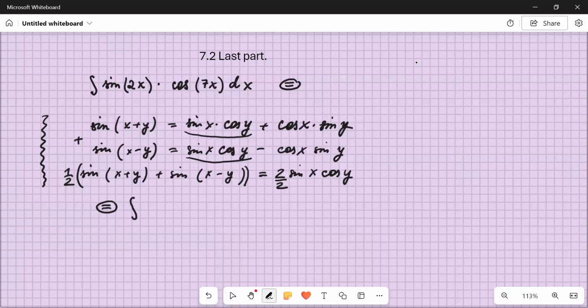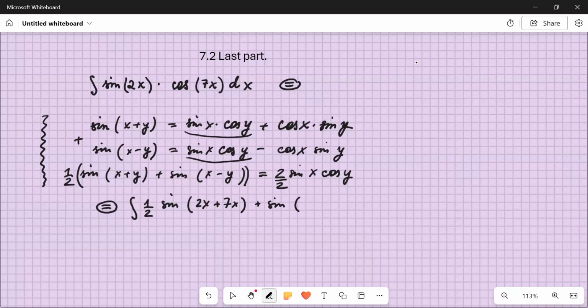So what are we going to have? 1 over 2, right? According to the formula, we are supposed to calculate sine of x plus y. My x is actually 2x and my y is 7x. So I'm going to have sine of 2x plus 7x. My next one is going to be sine of x minus y.